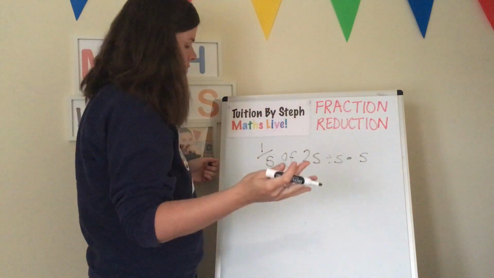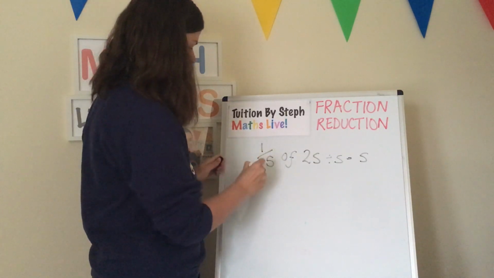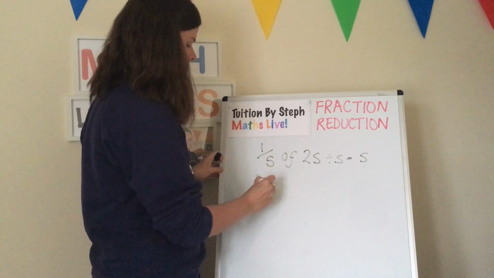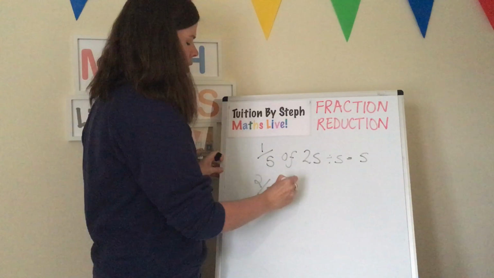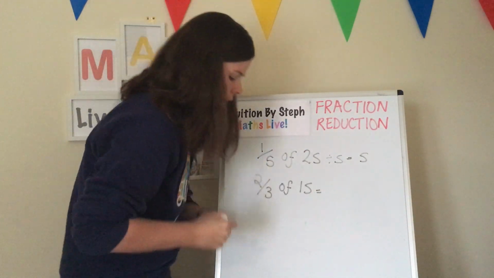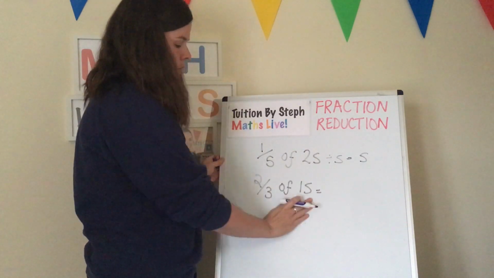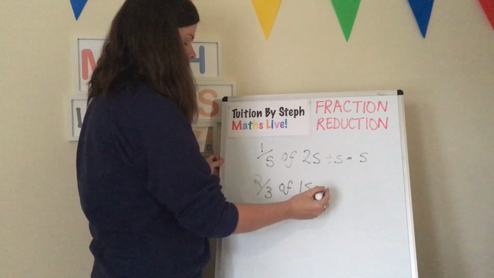So 1/5 of 25 is 5. What if you have a fraction, say you want 2/3 of, let's say 15? Again, you would divide by the denominator, so you divide 15 by 3, which is 5.